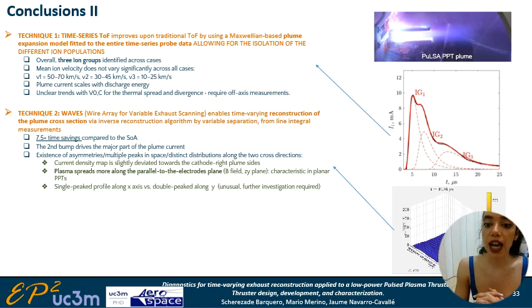And also we have seen how the plume spreads more along the unobstructed plane, characteristic of this kind of rectangular configuration, and that there is a deviation towards the cathode and one of the channel sides.